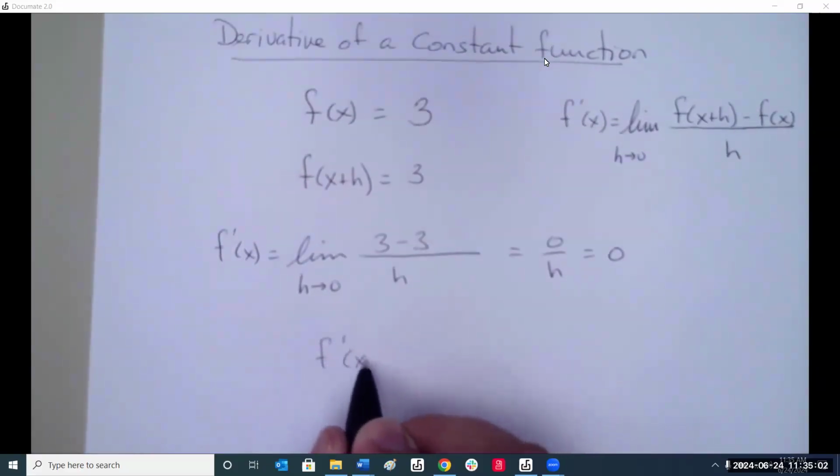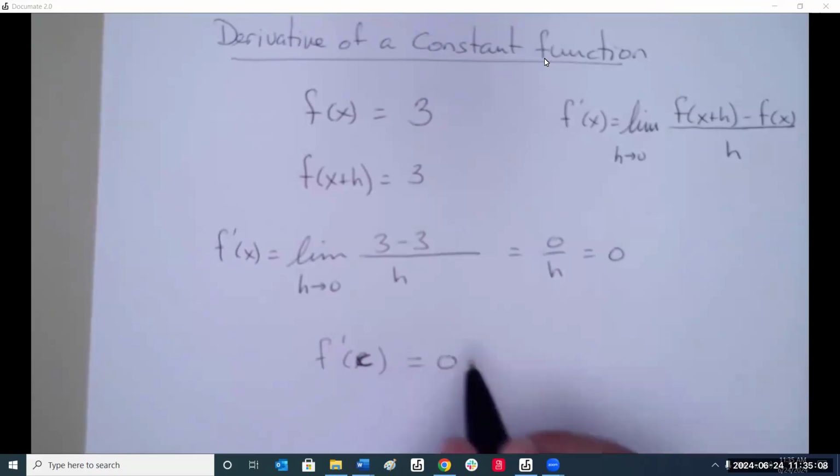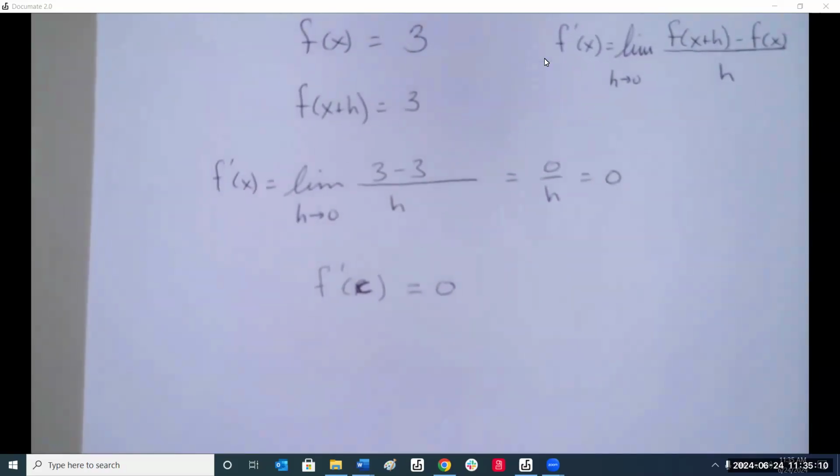So the derivative of a constant, now, can you tell me why it equals 0? Why does the derivative of a constant equal 0? What does a derivative find?